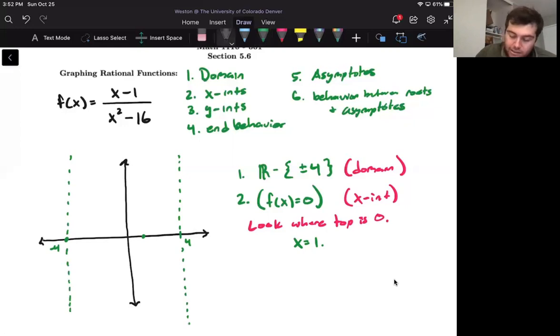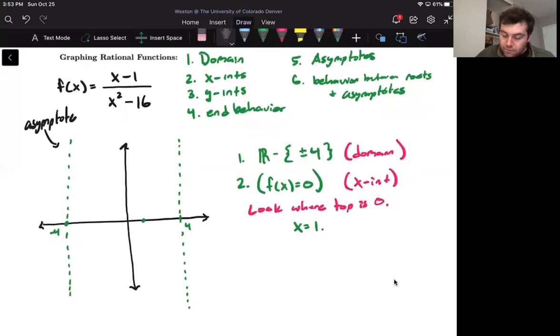And this line is actually what we call an asymptote. All it means is that it's a line on the graph where the function doesn't exist, and the function will get infinitely close to that dotted line, but never touch it. We'll see what that looks like when we graph our function.